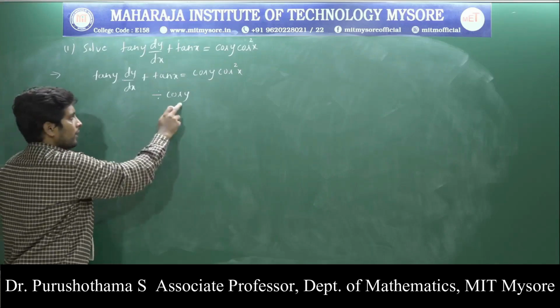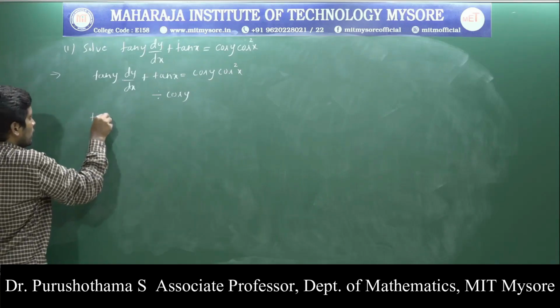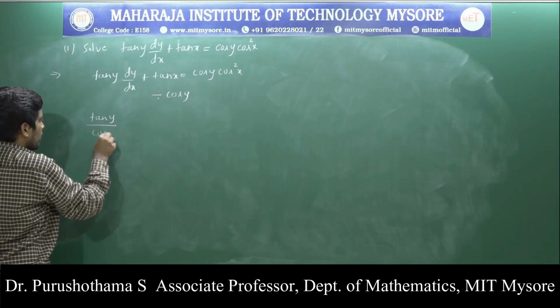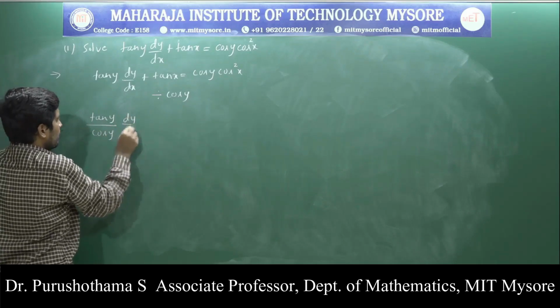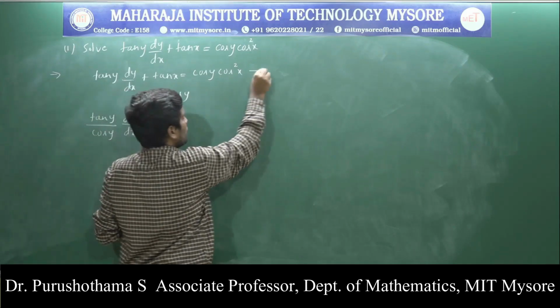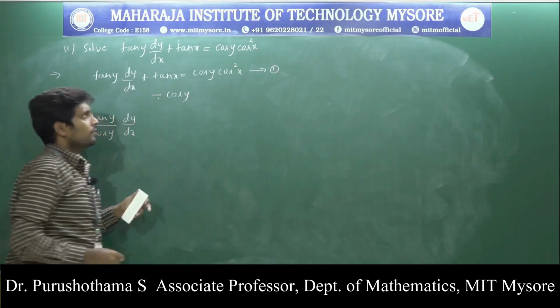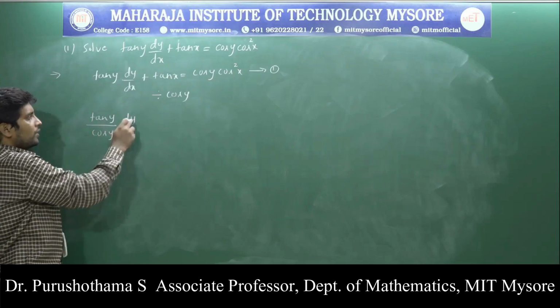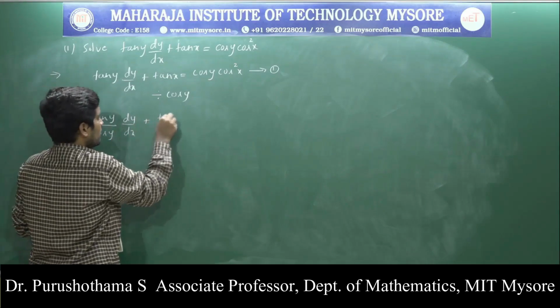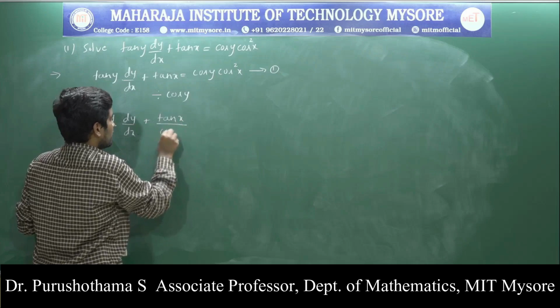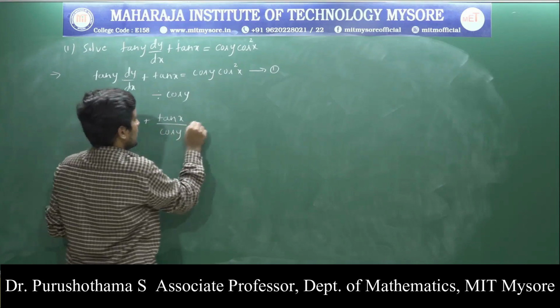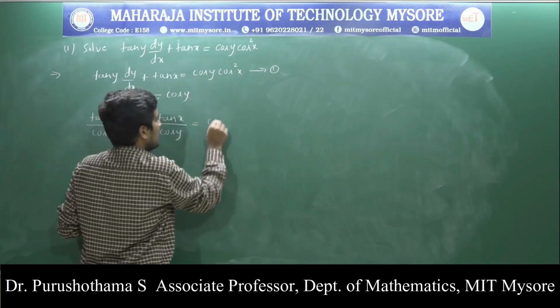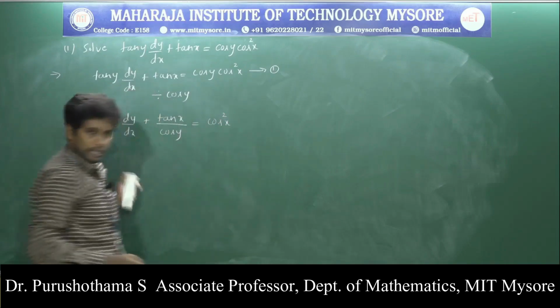So, the whole equation divided by cos y, therefore tan y divided by cos y into dy by dx. For the time being, denote it by equation 1. Equation 1 divided by cos y, we get tan y divided by cos y into dy by dx plus tan x divided by cos y is equal to cos y gets cancelled, remaining cos square x.